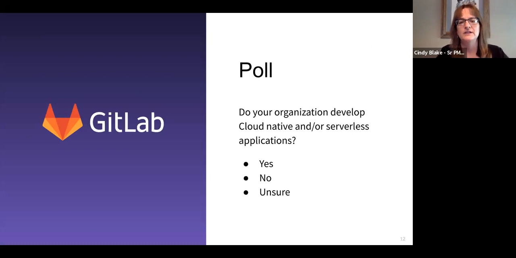Let's take a poll here if we could, Agnes. I'm curious to see how many of the folks in the audience are developing cloud native or serverless applications. I believe it's somewhat fledgling in terms of the percentage of applications. But yeah, this sort of confirms my suspicion that most people are at least dabbling in it.